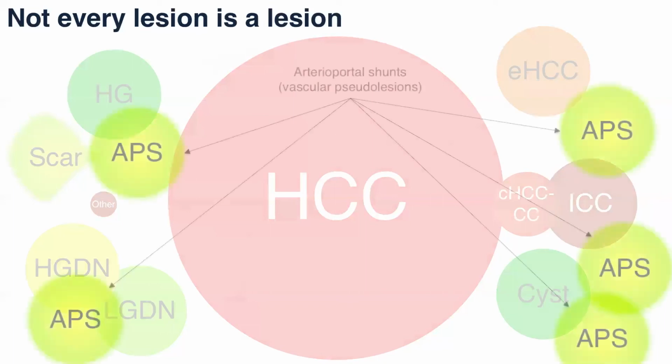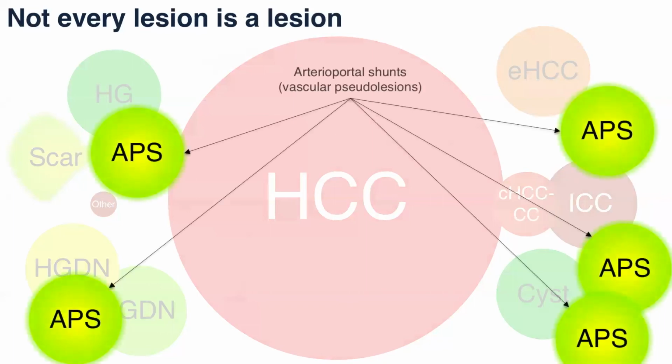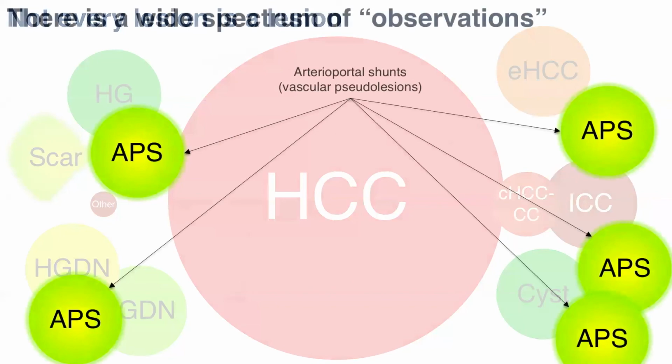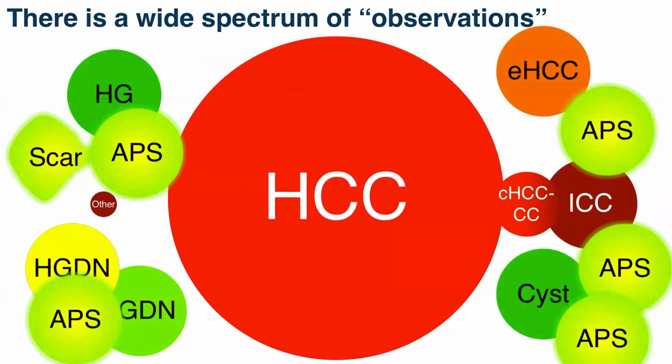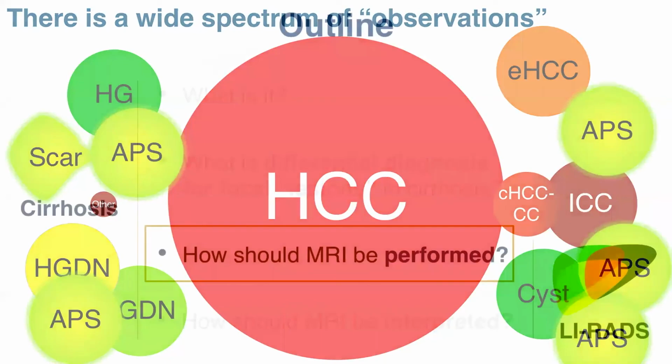We have the pseudo lesions, usually due to arterial portal shunts, but sometimes due to hypertrophic pseudomasses, sometimes due to artifacts. And so the entire spectrum of observations in the cirrhotic liver is quite broad. And the question is, how do we tackle this very wide spectrum of observations?